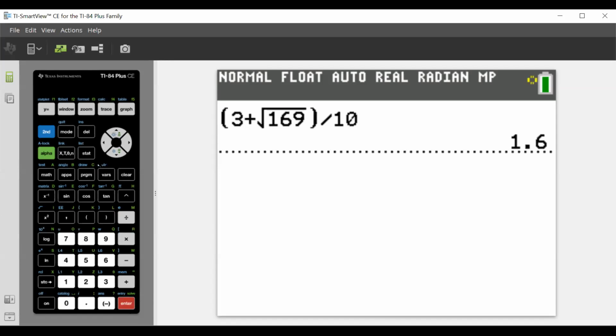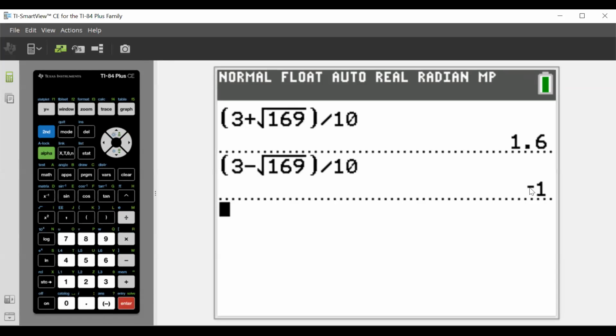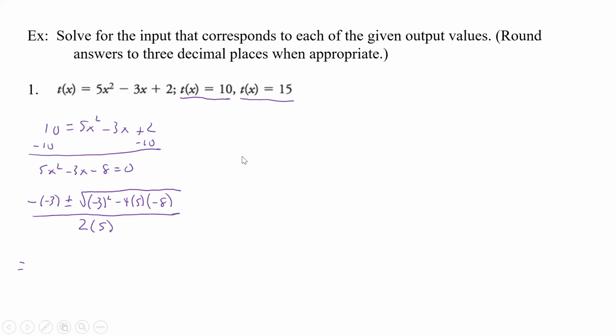Now we also need the negative of it. Oops, we should put a minus there. And we get a negative 1. So we get 1.6 and negative 1. All right, so let's go back over here. So we get two answers, 1.6 and negative 1.